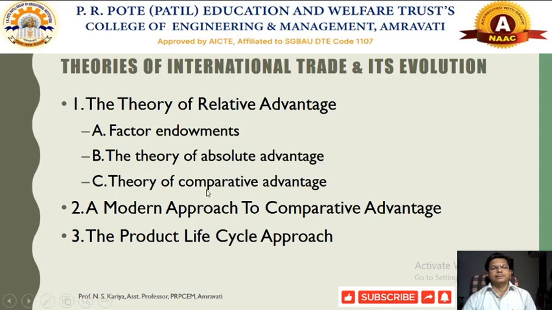After we come to know about the comparative advantage theory, we apply some particular principles related to modern economies, and that theory is called the modern approach to the comparative advantage theory. The last theory is called the product life cycle approach theory.